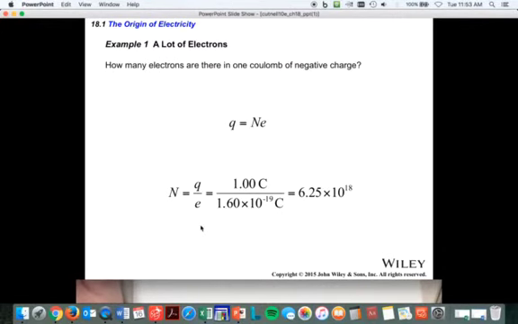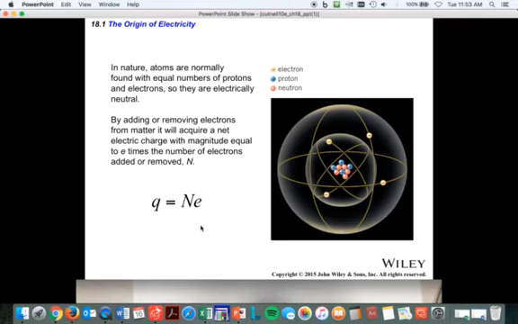How many electrons are there in 1 coulomb of negative charge? So, if Q is equal to 1.0 coulombs, how many protons are there? What is N?